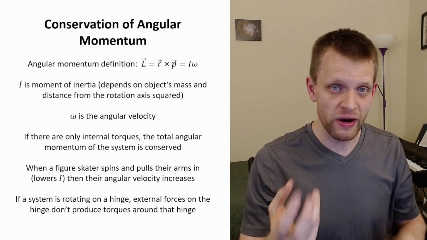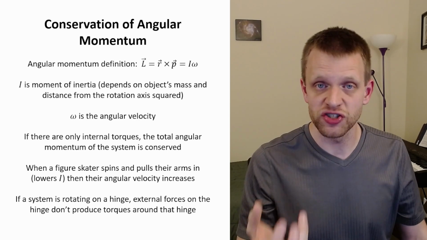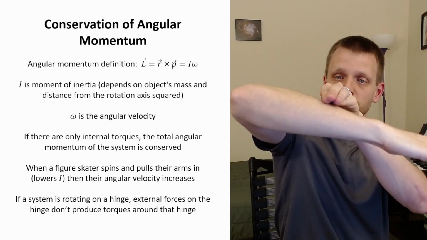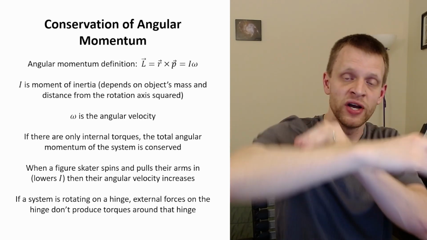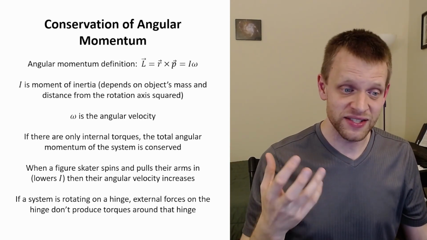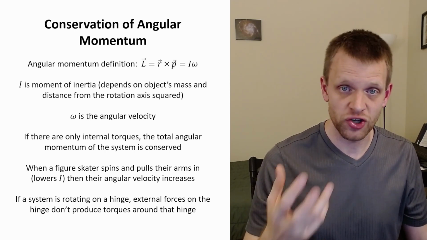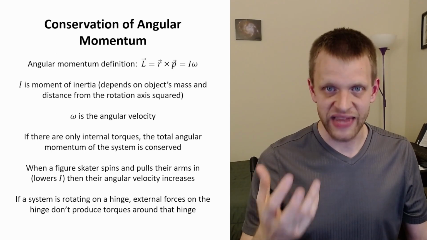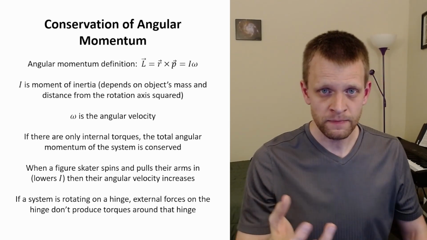If you're pushing right at that rotation axis, it doesn't produce any torque. Same thing for this lever. If I apply some forces right at that hinge, it's not going to apply any torques to that system. So that system will still have this conservation of angular momentum, again, around that particular hinge.